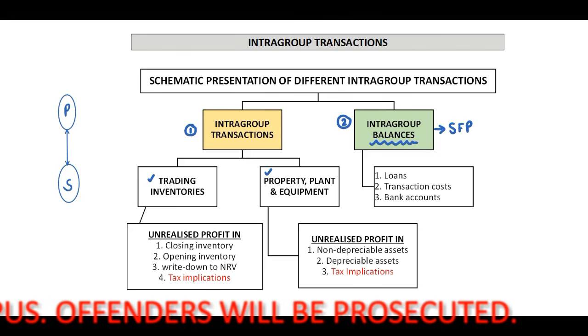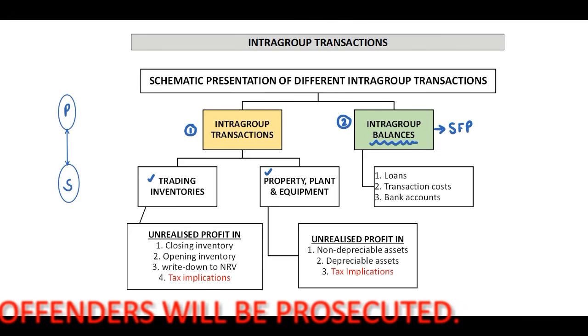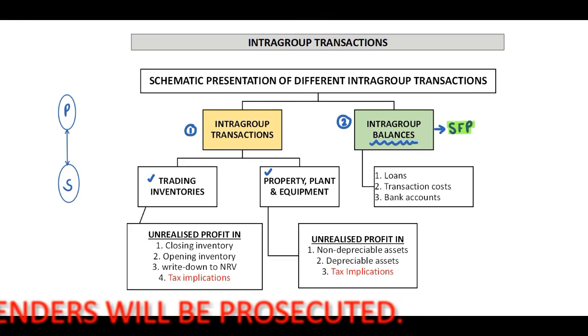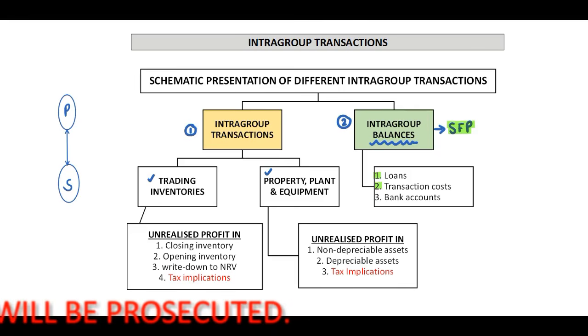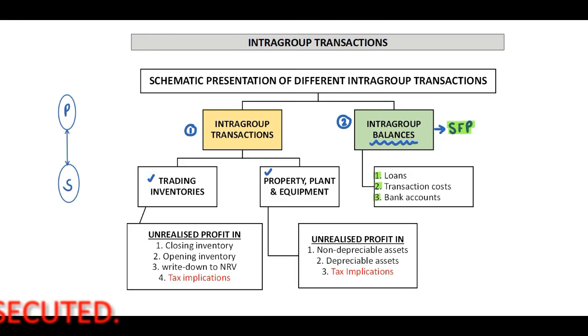When we look at the balances, this will normally appear on your statement of financial position. Therefore, this can be loans between the companies, transaction costs, transactions where we have to debit or credit the debtor-creditor intercompany, and bank accounts. But when we look at our intragroup transactions, this can be trading inventory.